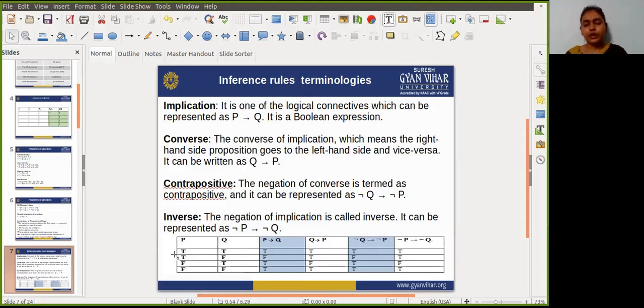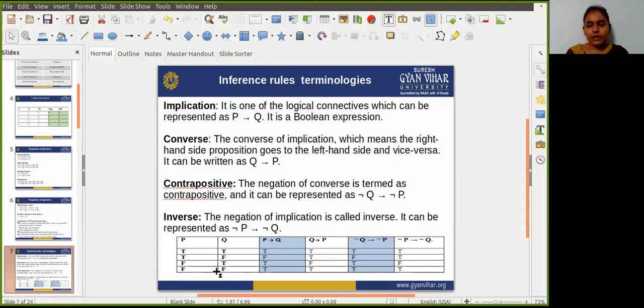Now again the second row. The negation of p is false because the value of p is true, right? So again the if condition is false, and we need not check the then condition. So I'm directly writing true.